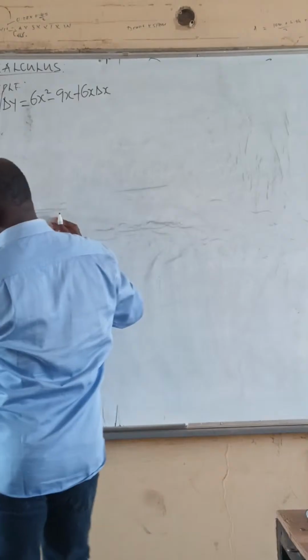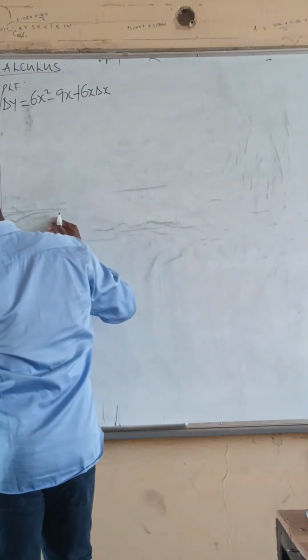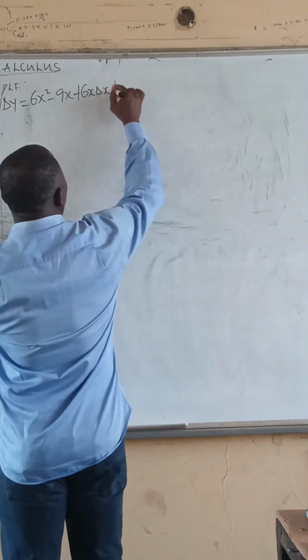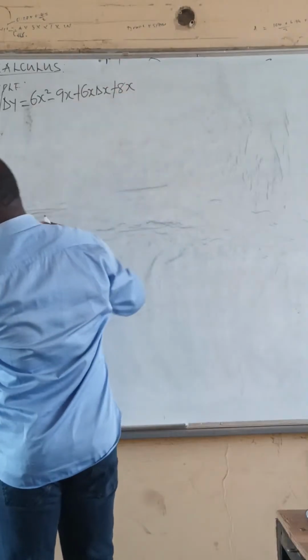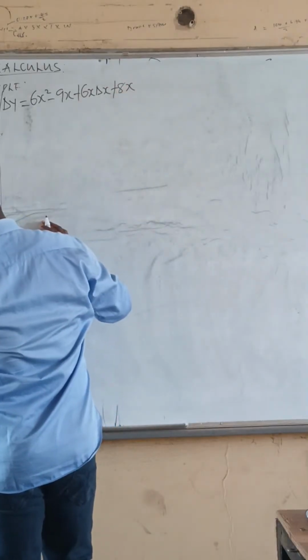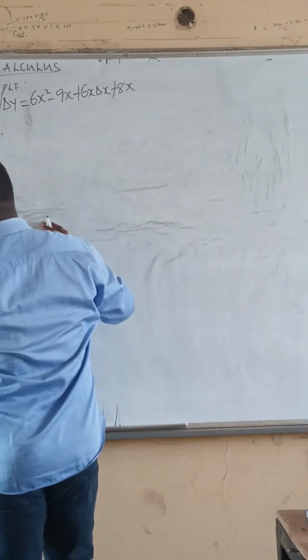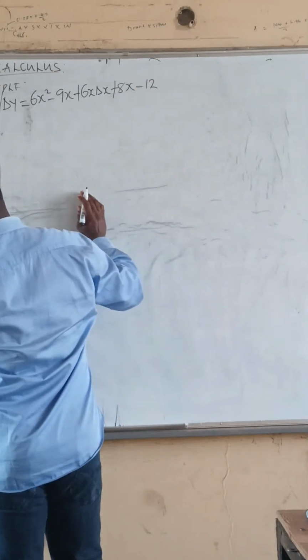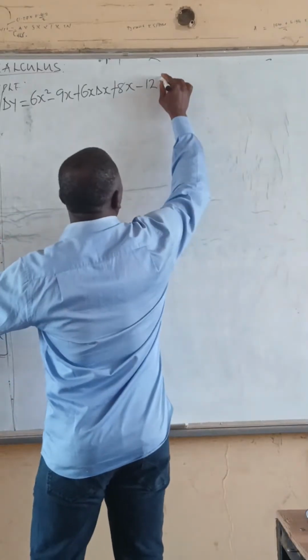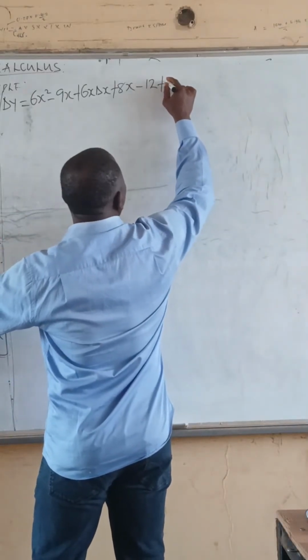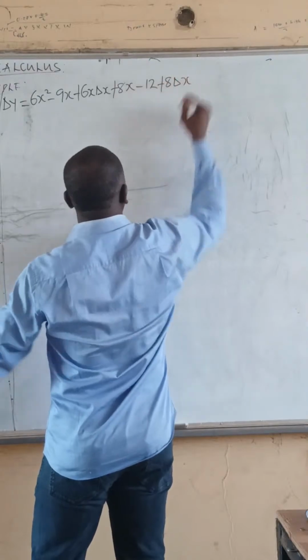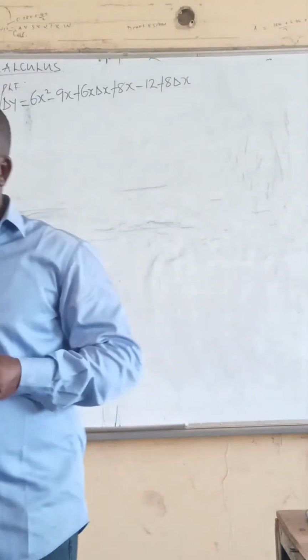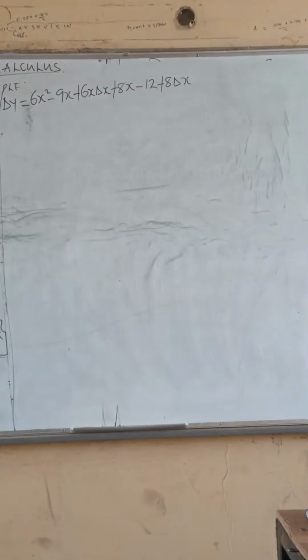Then use this to multiply, plus 8x. And use this to multiply minus 12. Then use this to multiply plus 8 dx. Are you following? It's okay.